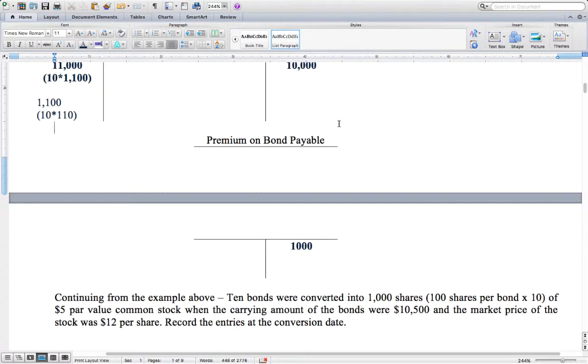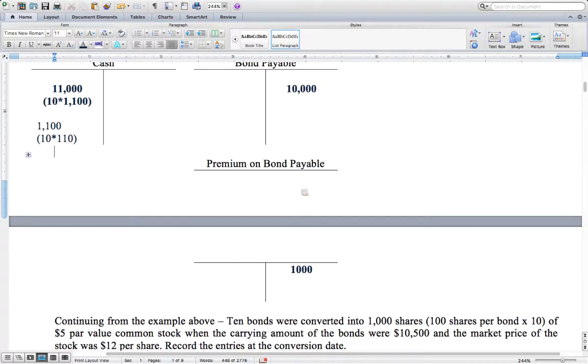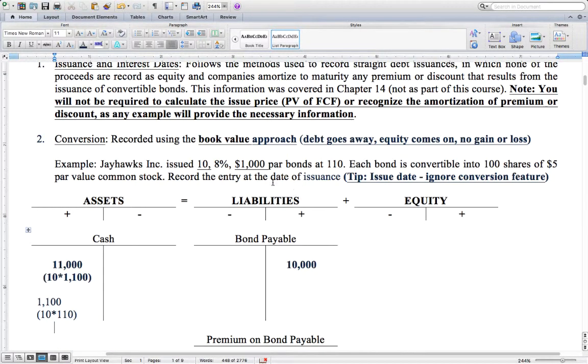In this circumstance, this is where this $1,000 would be amortized over the life that you hold the bond. We are going to ignore that feature for now, and assume that only $500 of the premium has been amortized.